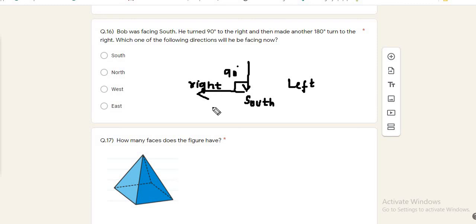Now he makes a 180 degree turn. So his position now is in this direction. Which direction is this? He will be facing the east direction. So the correct option is east.